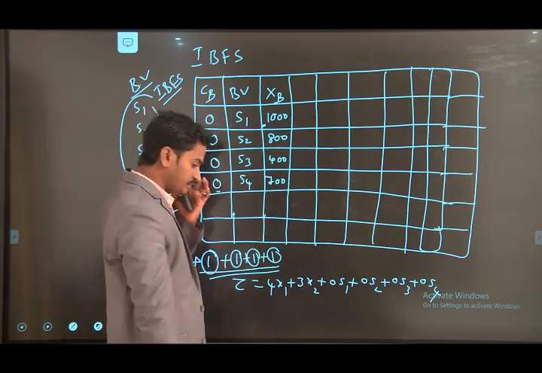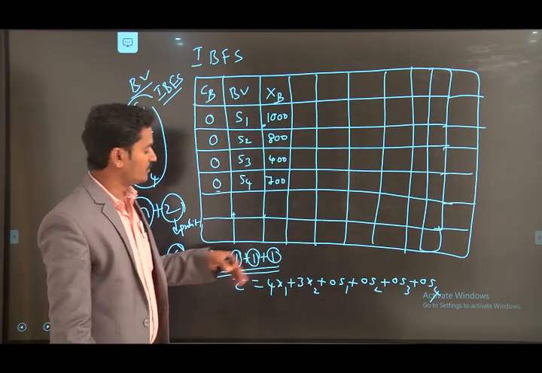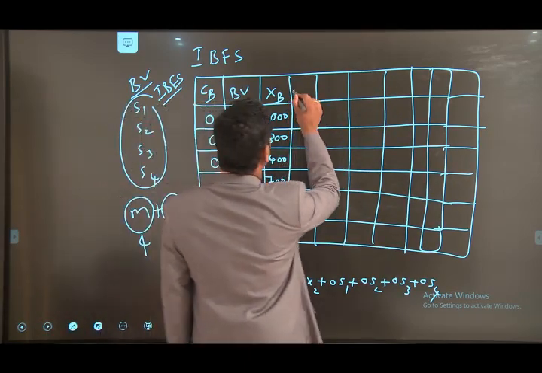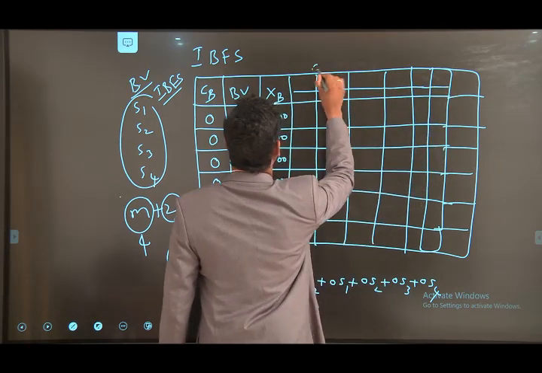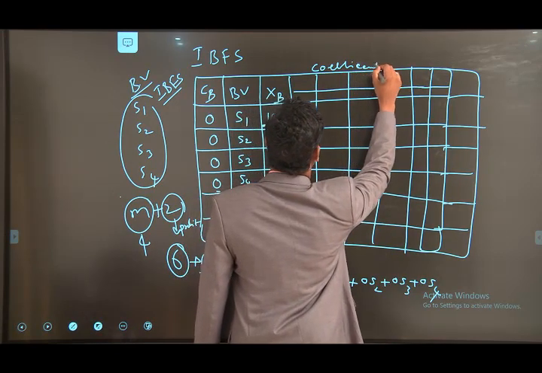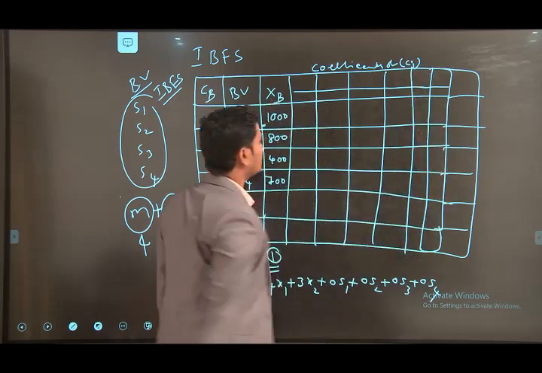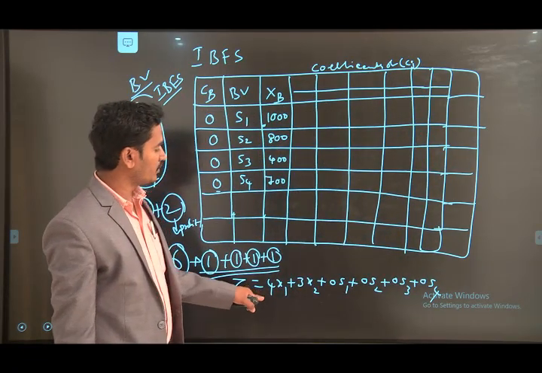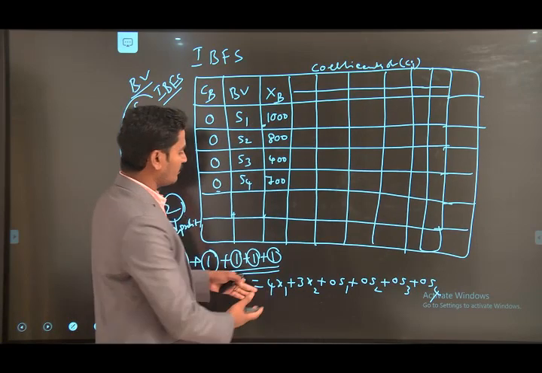Next, we have to take the contribution or coefficient values of each variable, indicated by Cj. Which coefficients do we take? From the objective function we take the coefficients. How many variables are there?